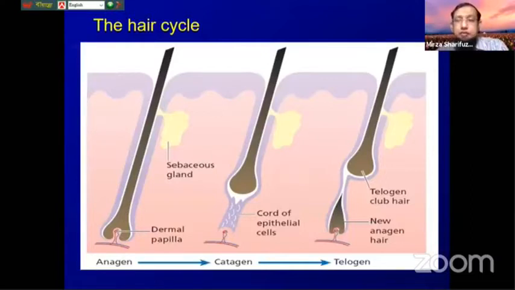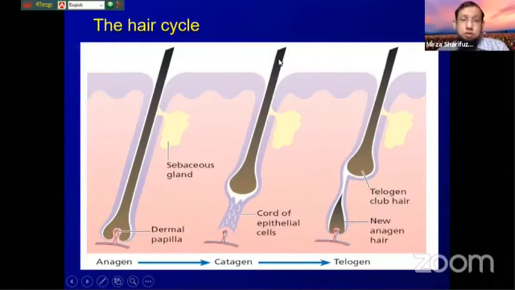And this hair growth cycle has 3 phases. First of all, anagen, when there is active proliferation at the hair follicle and hair grows continuously. When this papilla, this follicle unites together, it cuts off blood supply, and thus there is stoppage of replication.